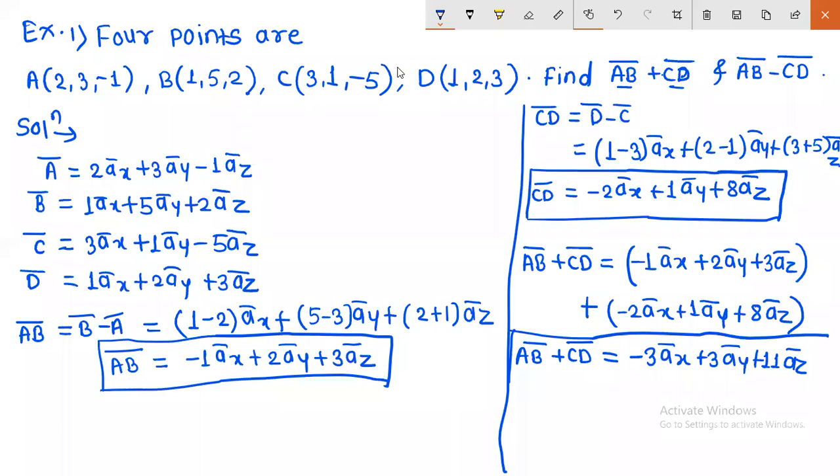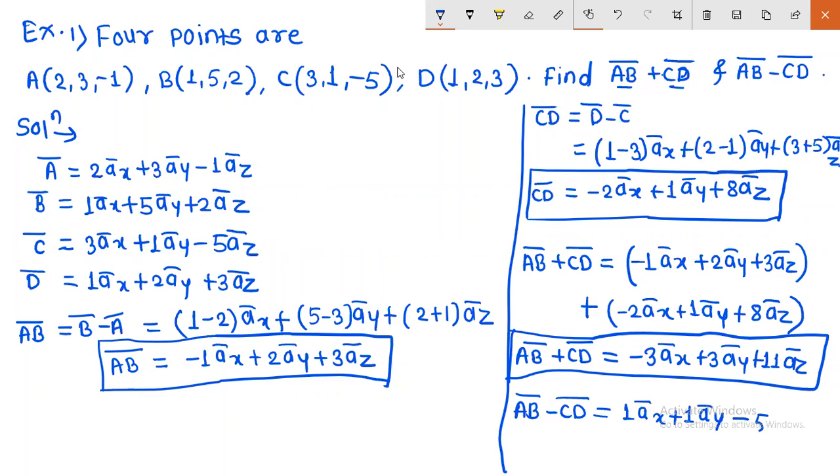AB bar minus CD bar. So just tell me the final answer for AB bar minus CD bar. 1 a bar x, minus 1 a bar y, correct, plus, sorry, plus 1 a bar y and minus 5 a bar z.